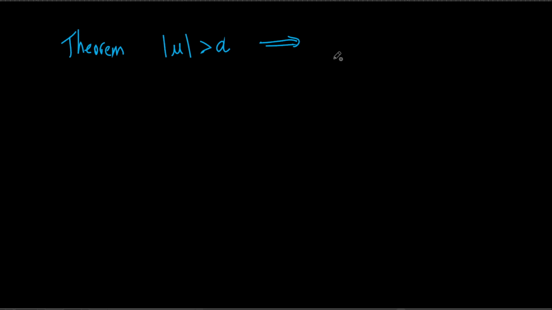And I wish I had a few more minutes to explain why this is true, but I don't, so I'm just going to show you how to do it. I don't usually like to do that, but we're going to. So it's going to go u is less than negative a, even though this says greater right there. This part right here is u is less than negative a or u is greater than positive a.